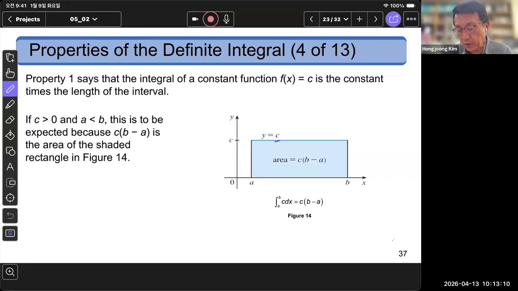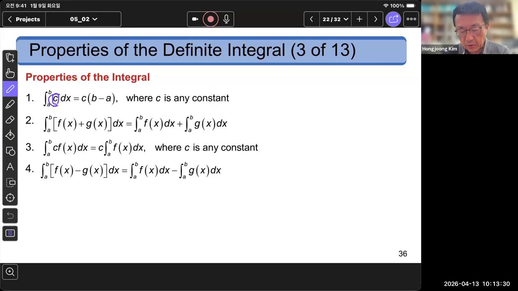If I have a constant function, the area will be a rectangle, and the area of the rectangle can be easily obtained by multiplying the width and height. The width is b minus a, and the height is c. So the area will be c times b minus a. So if I integrate constant c from a to b, you get c times b minus a.